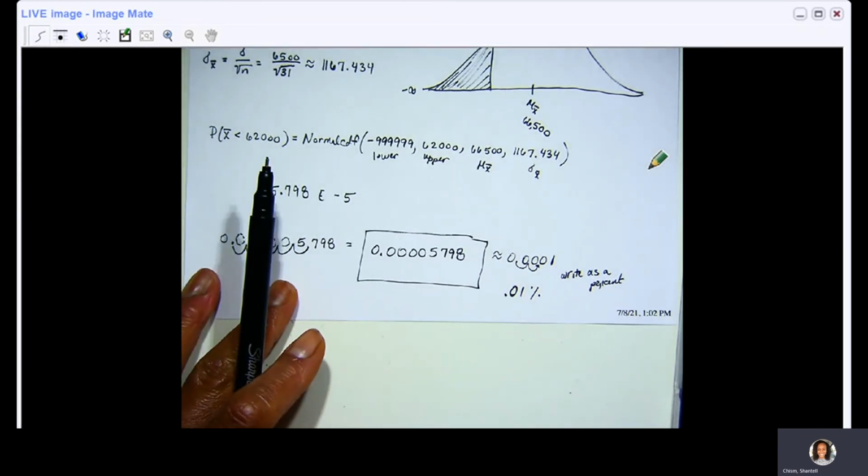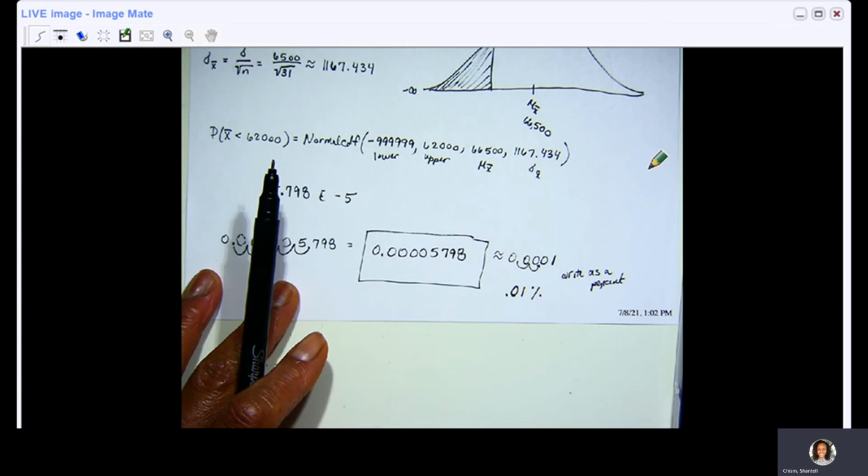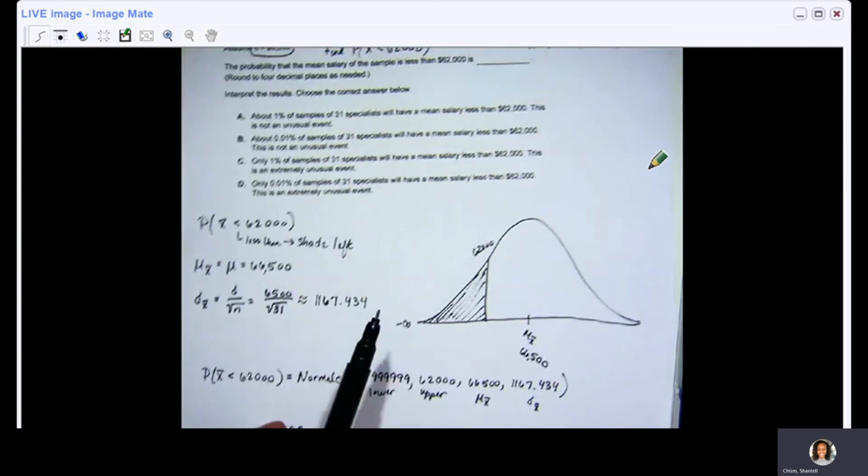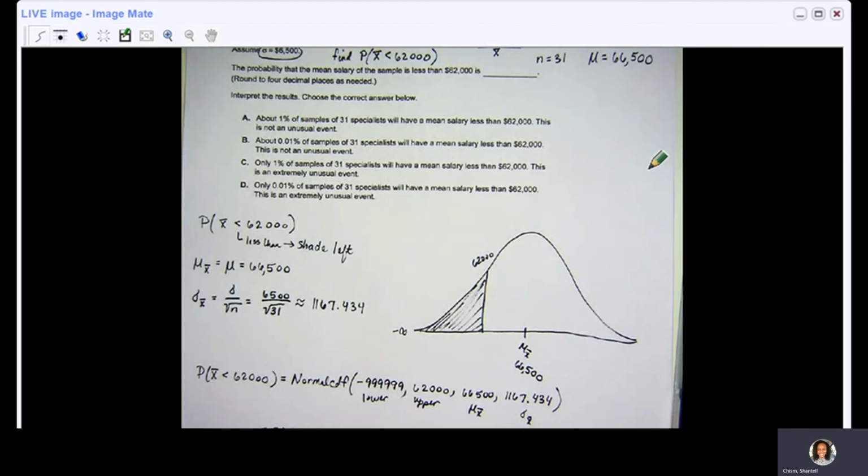So now it says interpret the results. Well, we have only a 0.01%. So part B or part D is what we need to look at. Let's read part B. It says about 0.01% of samples of 31 specialists will have a mean salary less than $62,000. This is not an unusual event.